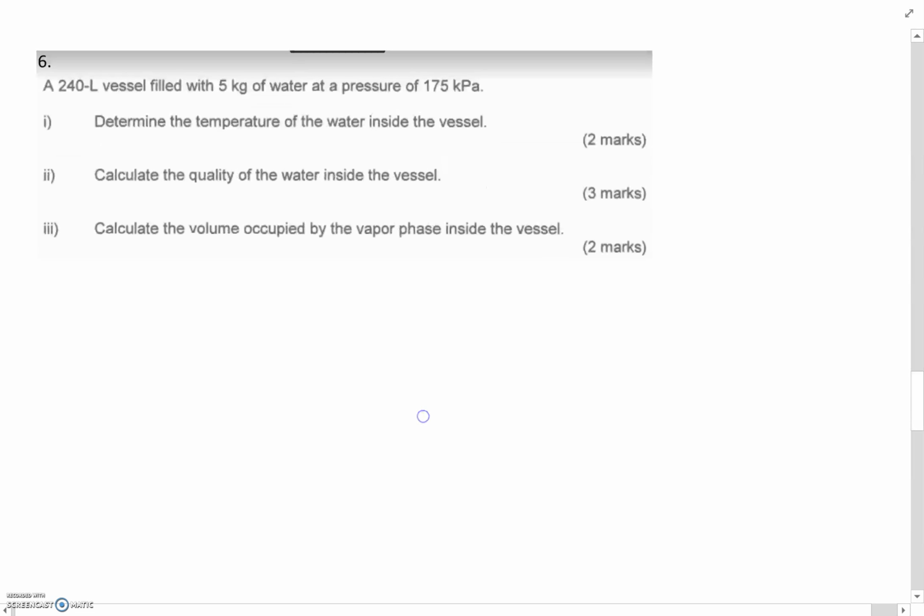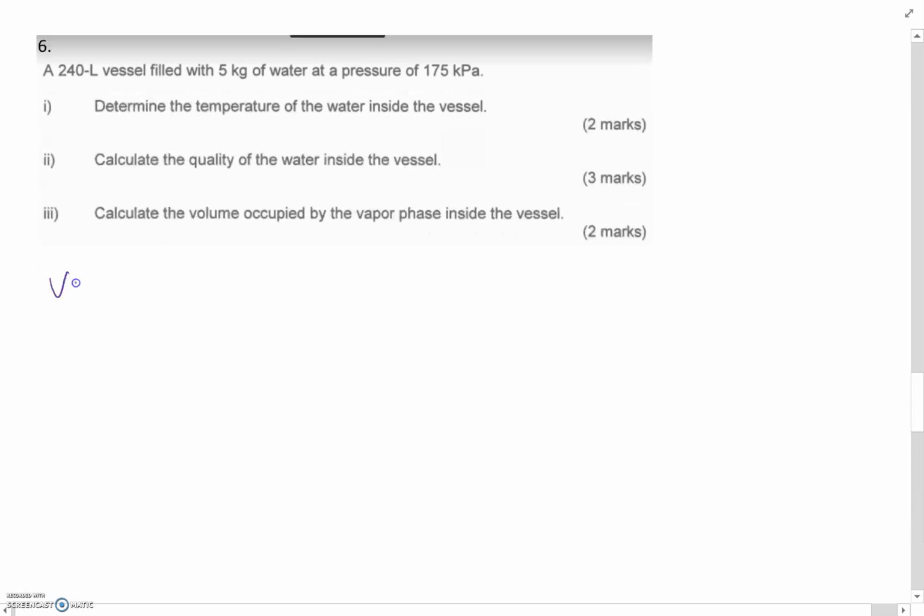Question number 6. We have V1 equals 240 liters, a vessel filled with mass 1 equals 5 kg of water at pressure equals 175 kilopascal. Determine the temperature of the water inside the vessel. So we only have state 1.